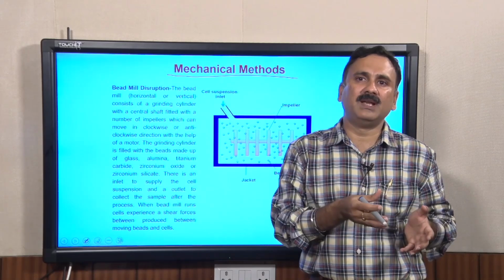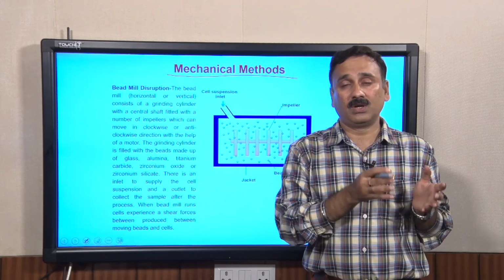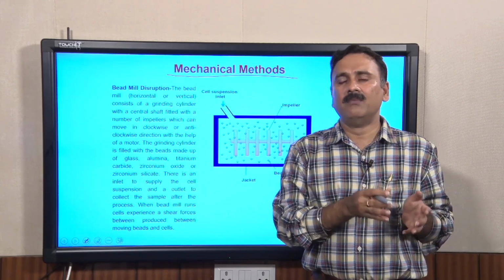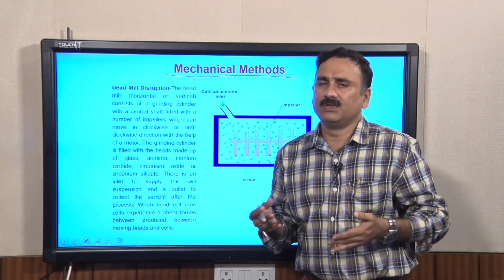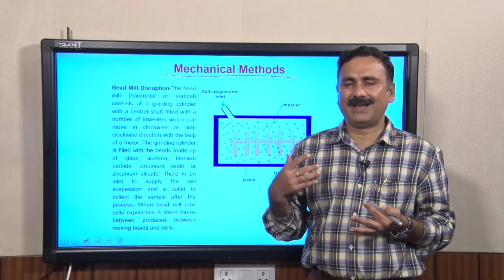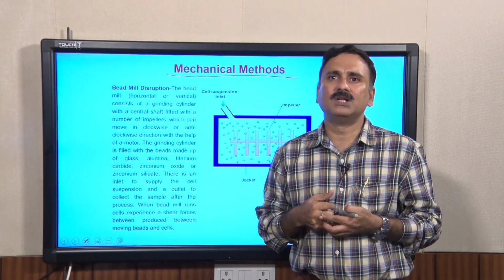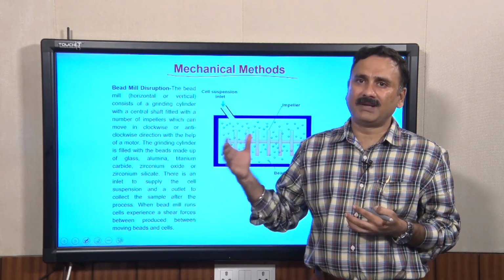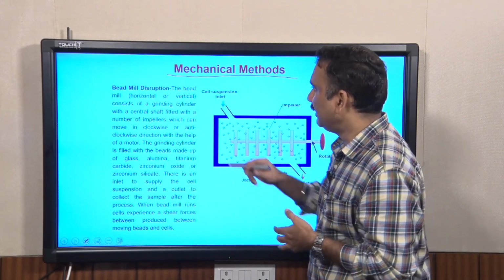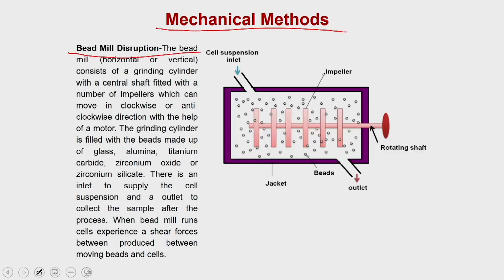For example, you can use them for yeast cells or for plants, but mostly people do not use mechanical methods for animal cells or bacterial cells. A typical bead mill disruptor could be in the vertical direction or in the horizontal direction.